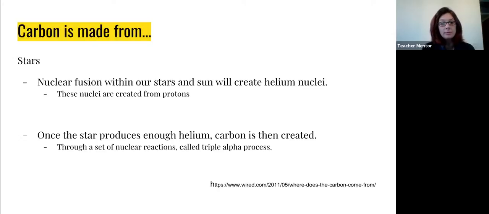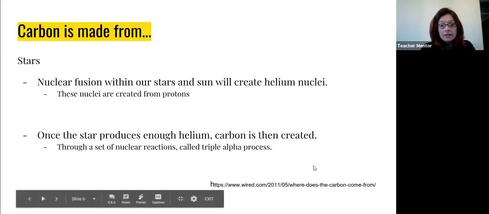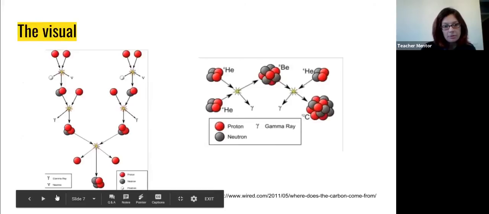Once the star produces enough helium, carbon is then created. It sounds super easy, but when carbon is created, it takes another set of nuclear reactions called the triple alpha process. Again, this is more information than you need, but it might help you understand the process a little bit more.